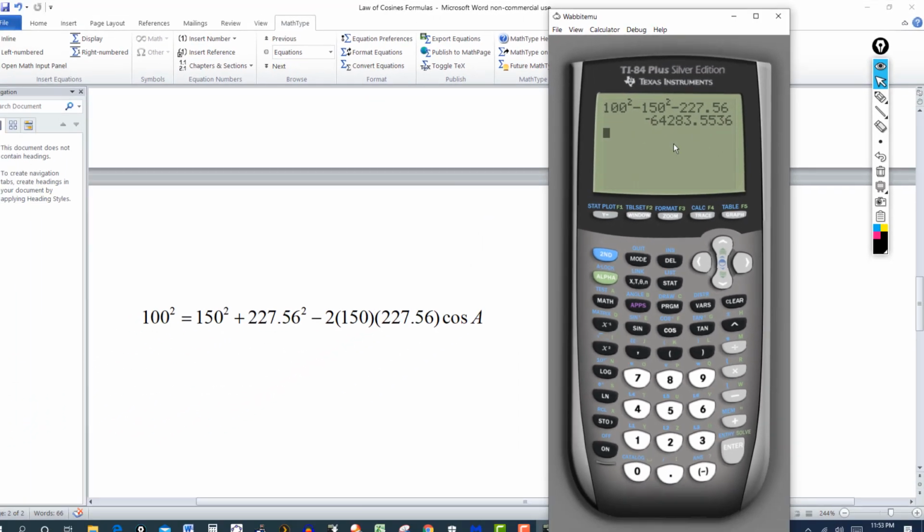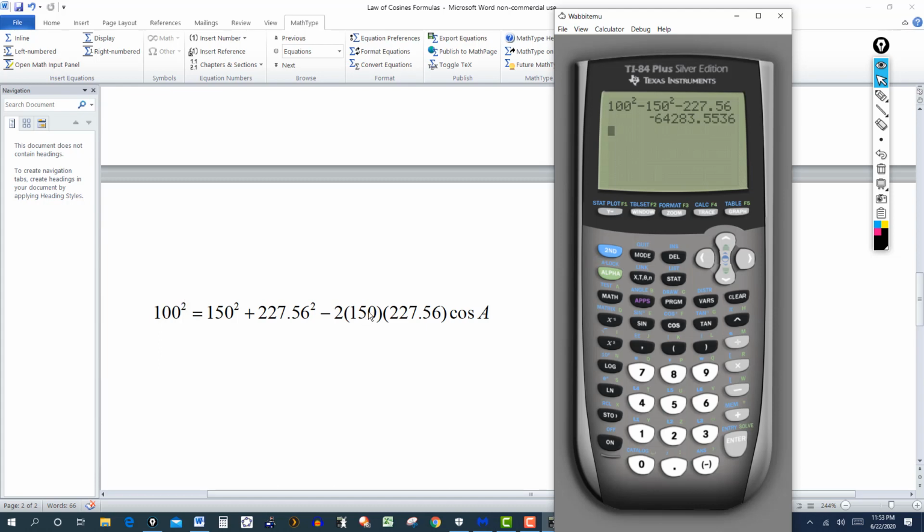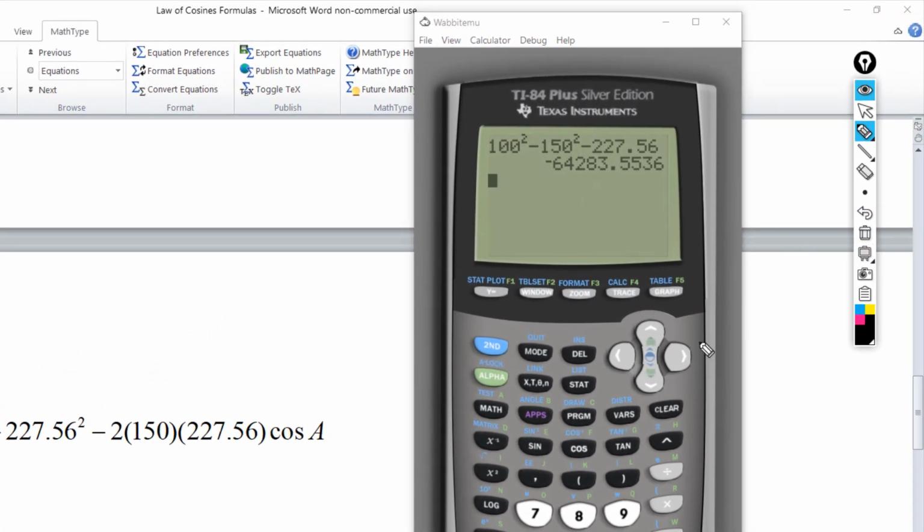Okay, so I get this number. I've computed and subtracted these values, so on this side I have this: minus 64,283.5536. We're going to divide this by the product, since we're solving for cosine. So I'll divide, and of course we're dividing into this answer right here, so I'll put it in parentheses.